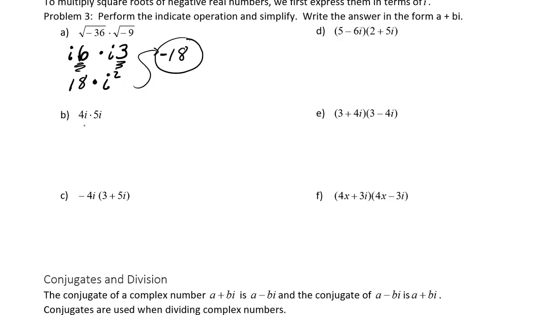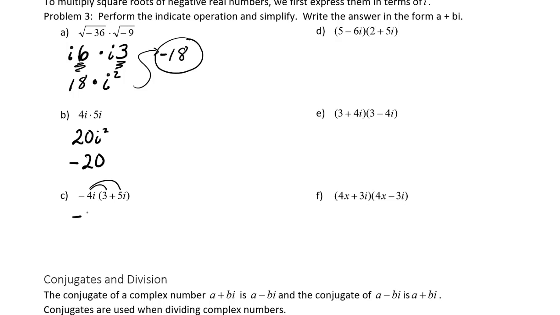Now let's look at 4i times 5i. This will give me 20i squared. And we know that i squared is equal to negative 1, so we have negative 20. In part C, we have negative 4i times the quantity 3 plus 5i. I'm going to distribute that negative 4i to both terms inside parentheses.